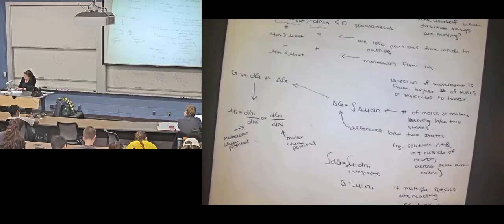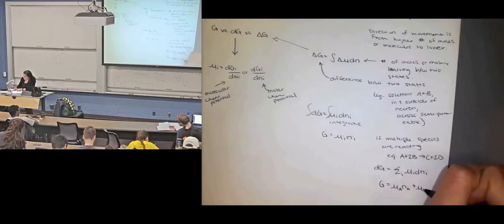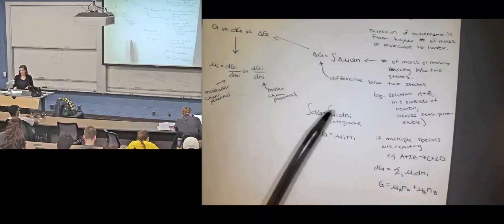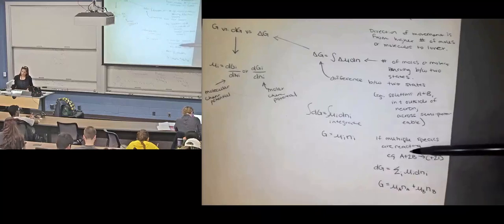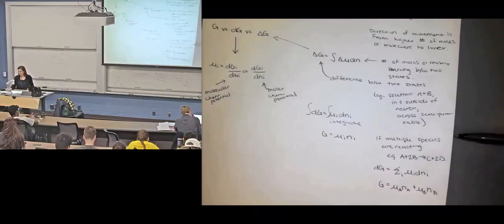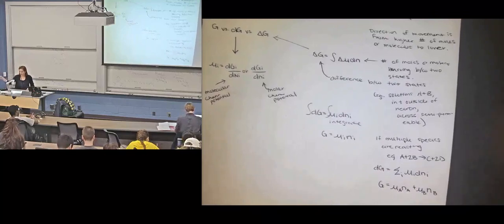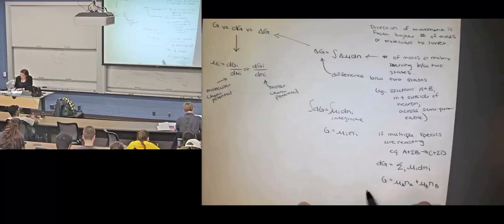G for the initial state will be mu sub A times the number of moles of A, and you sum these up, plus mu sub B times the number of moles of B. This is an example we'll look at in a second, later on today. This is before the reaction.